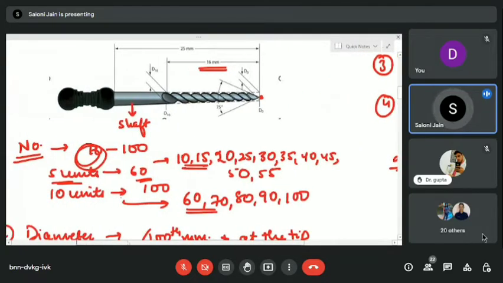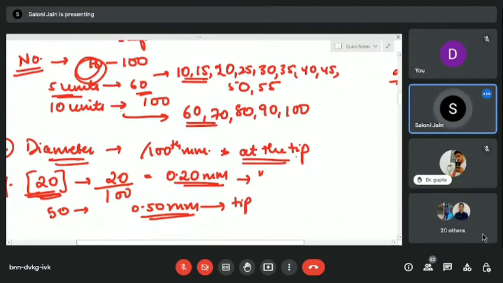Again, we'll see once more. Firstly is the numbering from 10 to 100, and it is going to advance by 5 units till 60 number and 10 units till 100 number. Secondly was the diameter, that it is 1/100th millimeter at the tip. So for example, if there is a 20 number instrument or a 30 number instrument, it is going to be divided by 100, and whatever comes will be the diameter at the tip of the instrument.